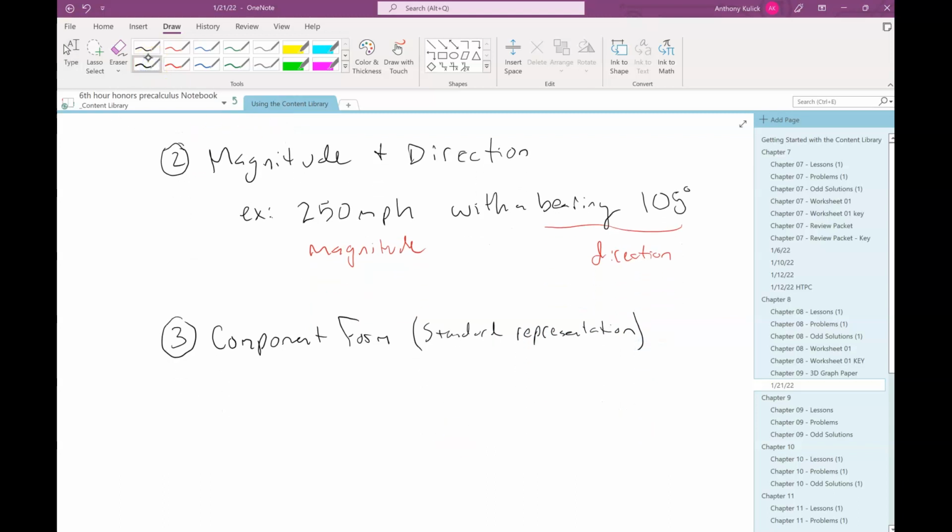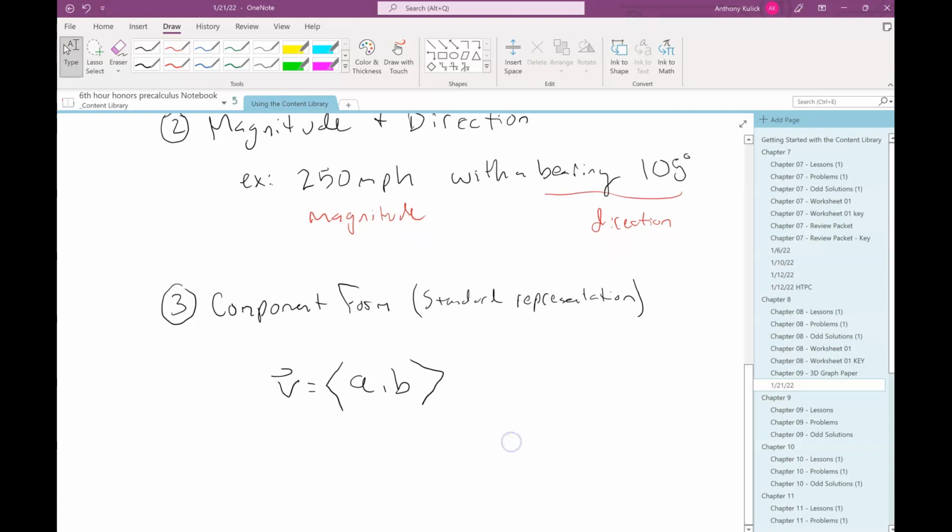What a component form looks like is we use an angle bracket, and then we write an ordered pair of numbers. In a standard representation, we read the tail at the point 0, 0, and the head to be the point a, b.